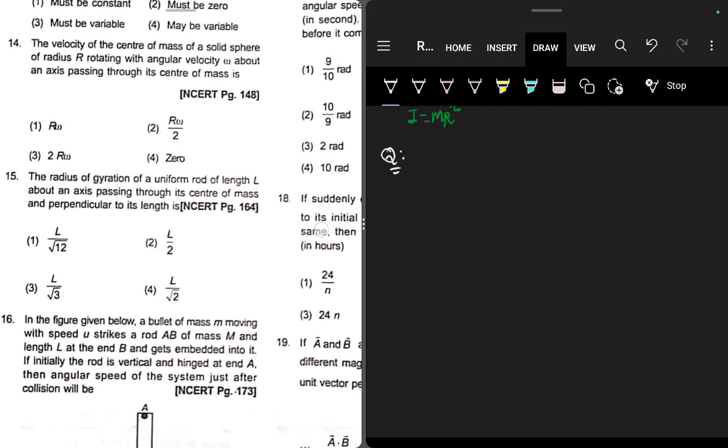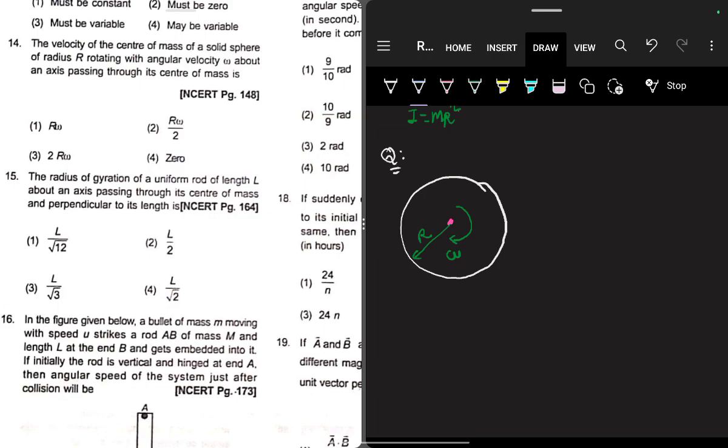Now 14th question. The velocity of the center of mass of a solid sphere. So the center of mass of a solid sphere is its midpoint, right? And it is having a radius of r, rotating with angular velocity omega, passing through its center of mass.